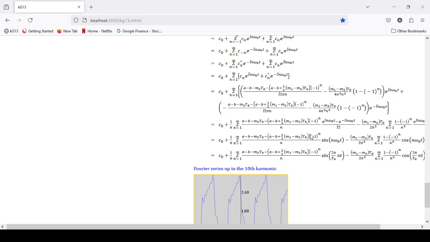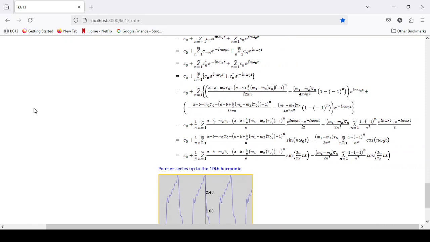So this can then be manipulated to these forms here, where we have e to the i n omega naught t minus e to the minus i n omega naught t over 2i. Does this ring a bell? Yes, that is just the sine of n omega naught t using Euler's formula. And if we look at this form here, does it look familiar?